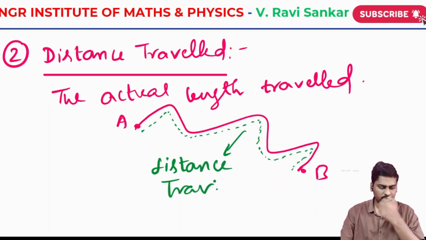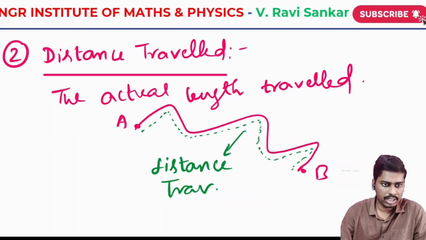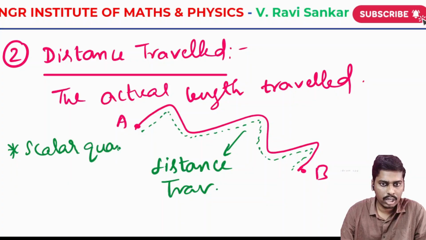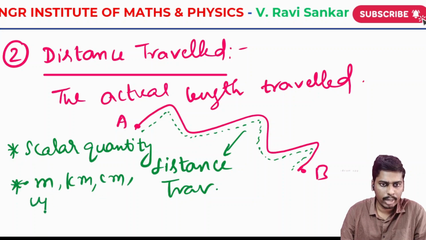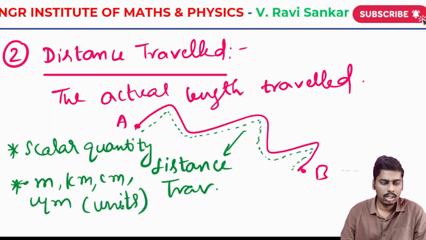Okay, that's it. And if I talk about the type of quantity, it's a scalar quantity, and it has only magnitude. And the units are, it is also length, right? So units are meter, kilometer, centimeter, micrometer. These are the units.